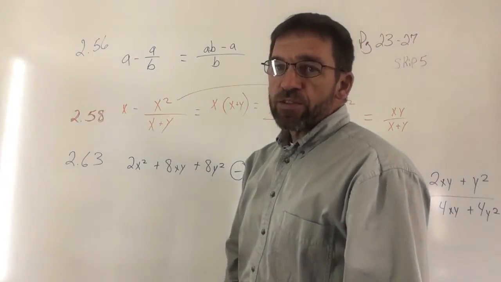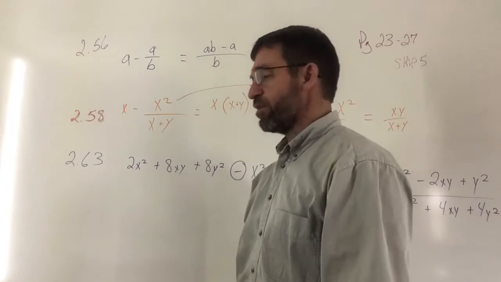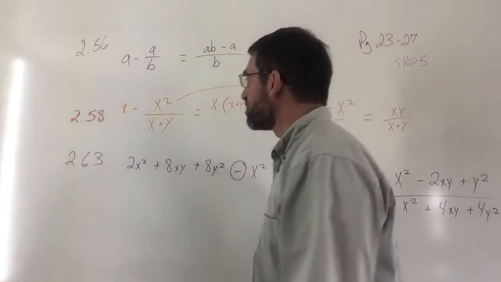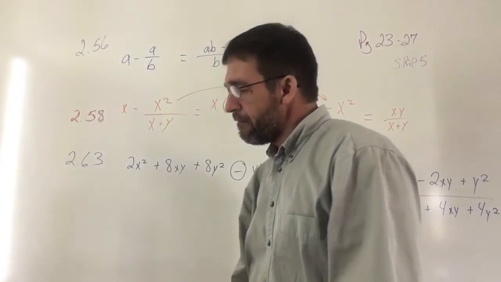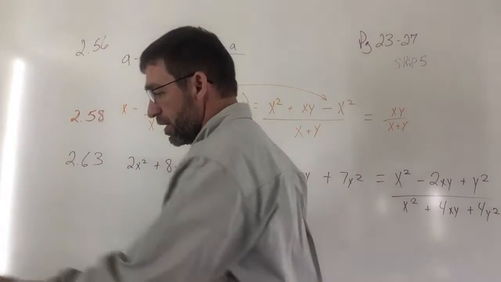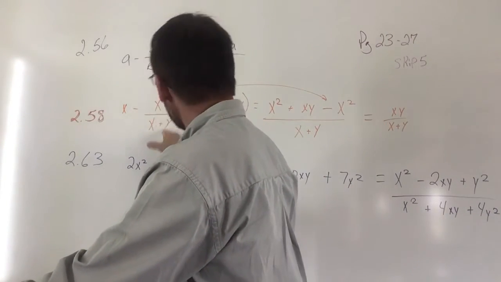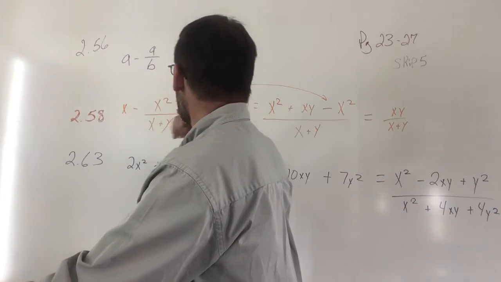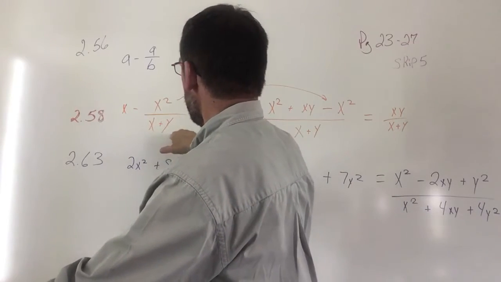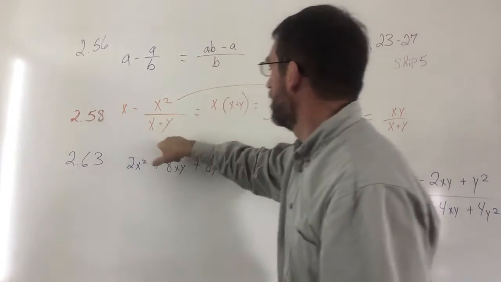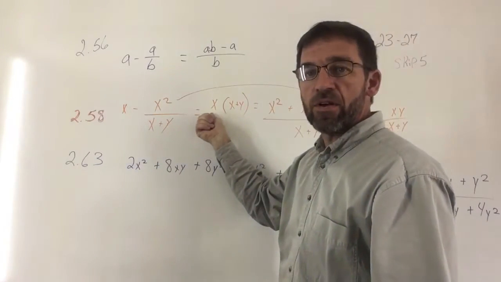They get a little harder than this, okay? Don't think they're all quite this easy. Go to 258. I did copy the problem: x plus y, x squared. What I needed to do was multiply x plus y times x, and I did that right here.